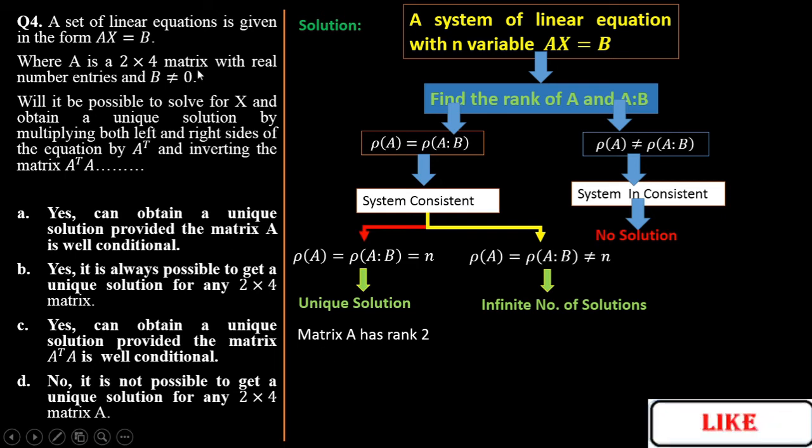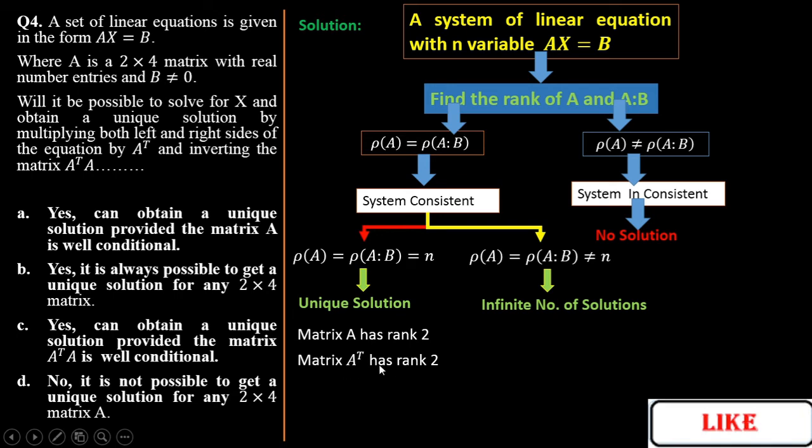Now we use the property of rank. A is a 2 cross 4 matrix with real number entries, so it will have rank at most 2. It cannot be greater than 2, and according to the property, the matrix A transpose will also have rank 2, because the rank of A is equal to the rank of A transpose.